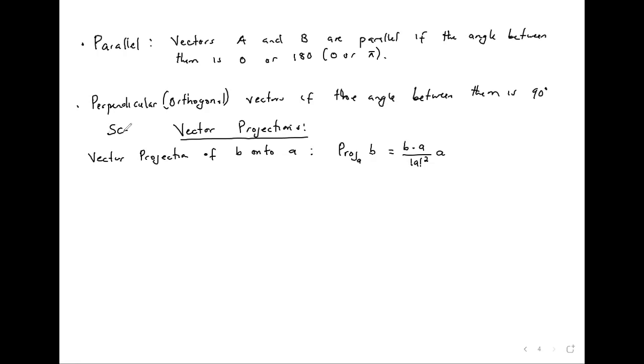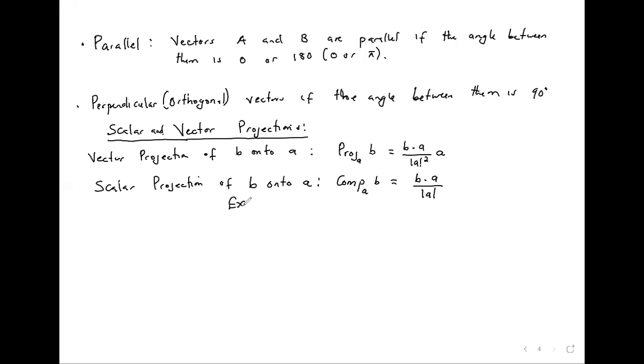So if I can include scalar here, we'll say scalar projection of B onto A. This one is noted as component. So we say the component of B onto A is given by B dot A over the magnitude of A. This one, A appears twice, B once.